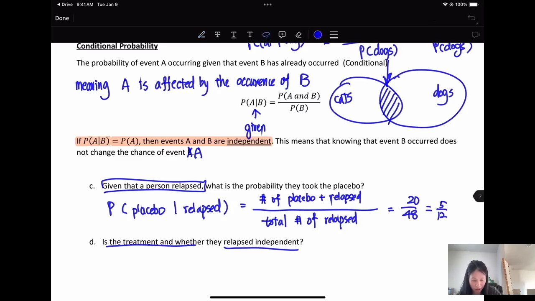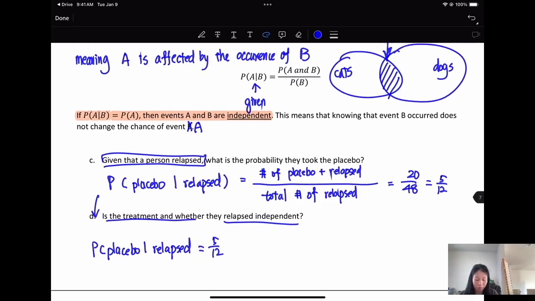So in this case, we're trying to know whether treatment and relapse are independent. We already know from the previous one that the probability the treatment is placebo, given that it's relapse, is equal to 5 out of 12. We just figured that out earlier.